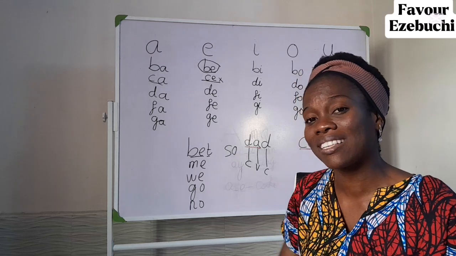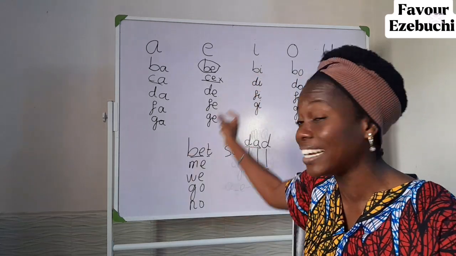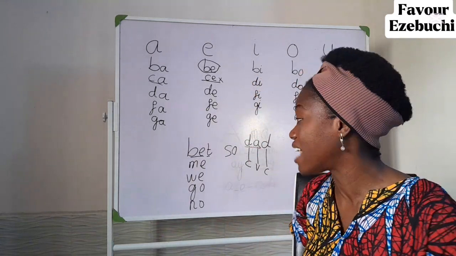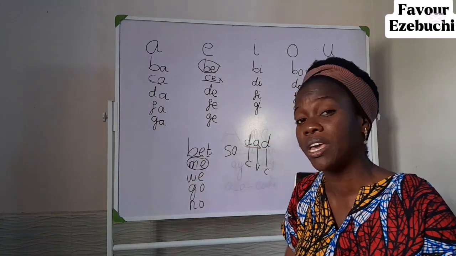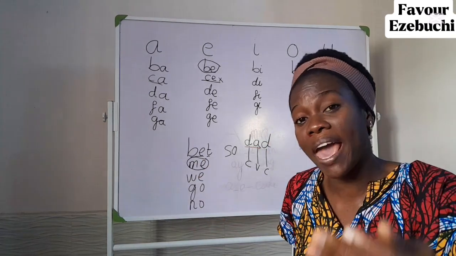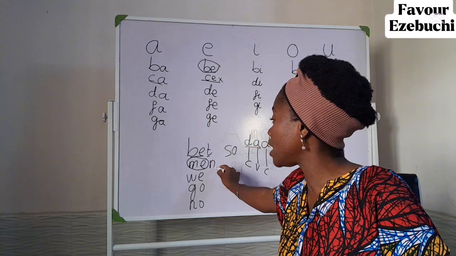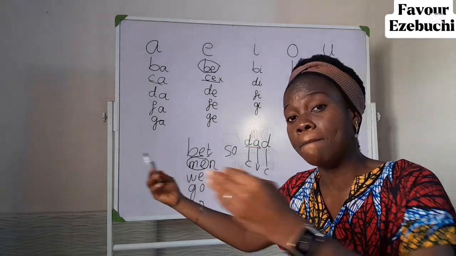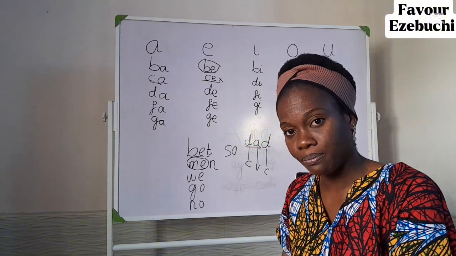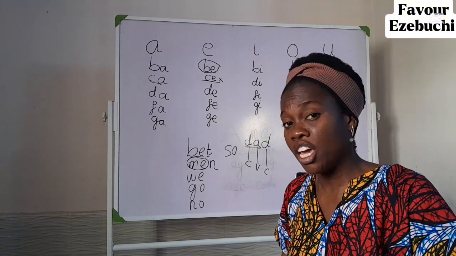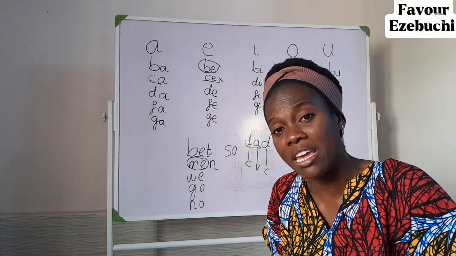You first of all establish the fact of blending your consonant and vowel, and the child should know m and e. So when you add to it, it goes me, men, met, met. Do you understand? Then W-E. It shouldn't be said as we for now.